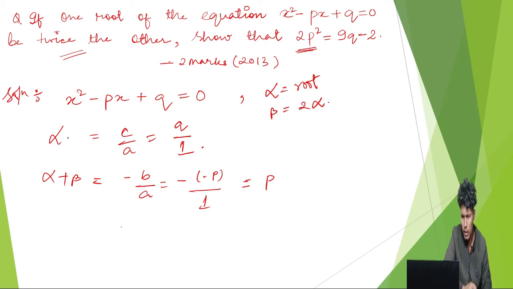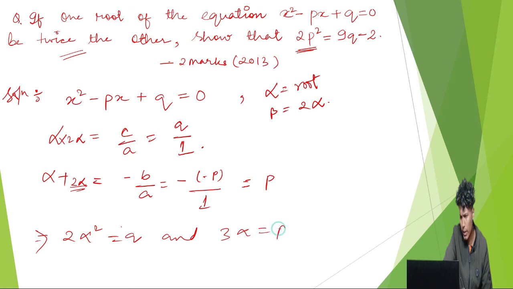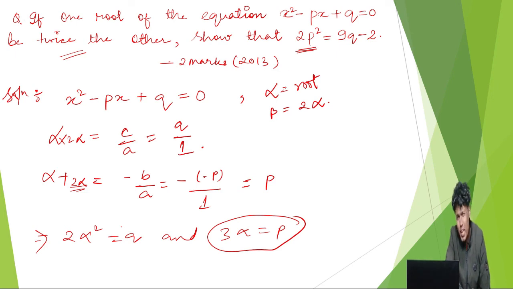Alpha into 2 alpha, that is 2 alpha square, is equal to q, and alpha plus 2 alpha, which is 3 alpha, is equal to p. We write only alpha because the question says one root is 2 times the other.